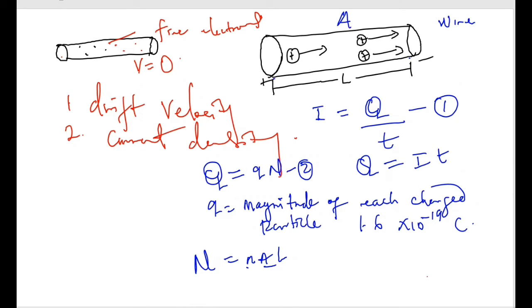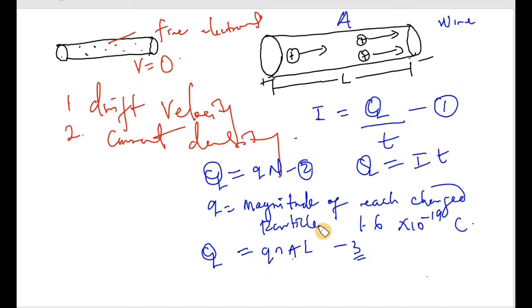The product of the cross-sectional area and the length is the volume. So if this is the case, we can represent our total charge as Q = qnAL. Let's call this equation 3, which uses the definition of the volume.